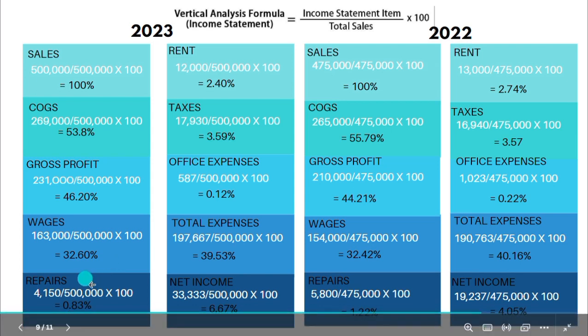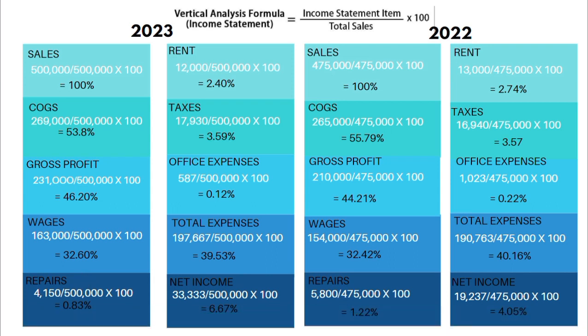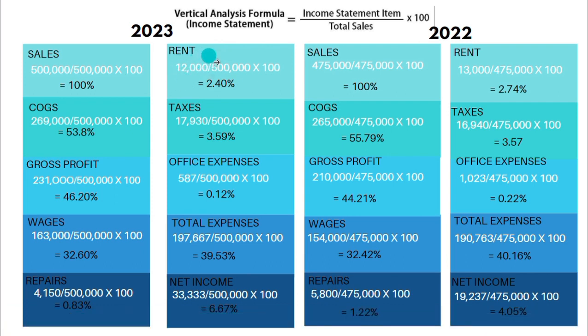For the repairs, ang amount ay 4,150 noong 2023, divide by 500,000 which is yung sales ng 2023 times 100 is equals to 0.83%. For the rent of 2023, meron silang 12,000 divided by the sales which is 500,000 times 100 is equals to 2.40%. For the taxes, meron silang 17,930 noong 2023 divided by 500,000 yung sales times 100 is equals to 3.59%.